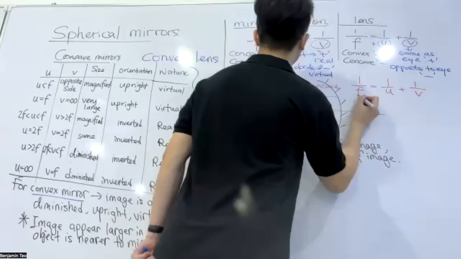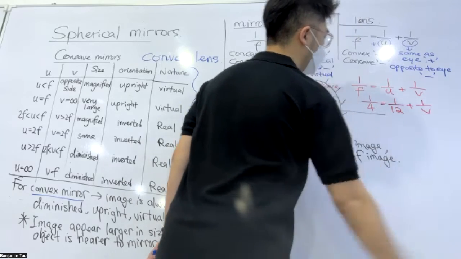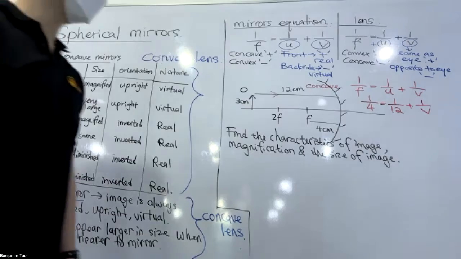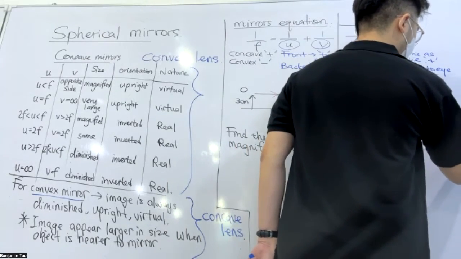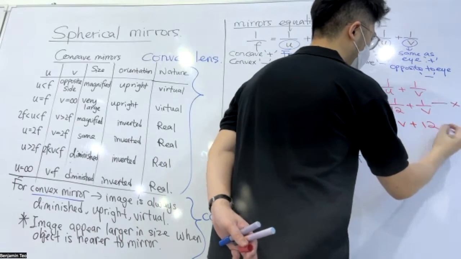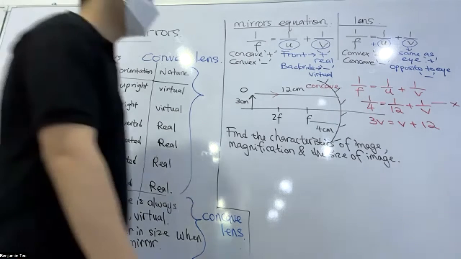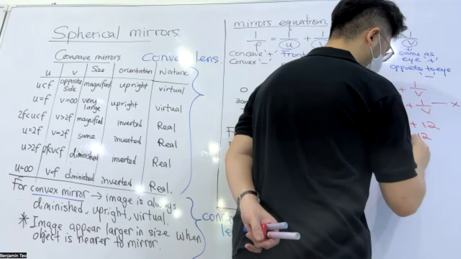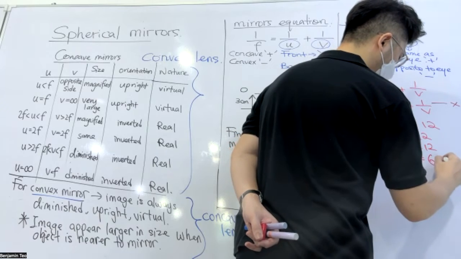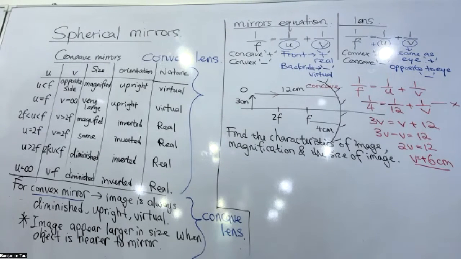So your focal point is a plus 1/4, 1/4 plus minus 4. Okay, positive 6 cm.